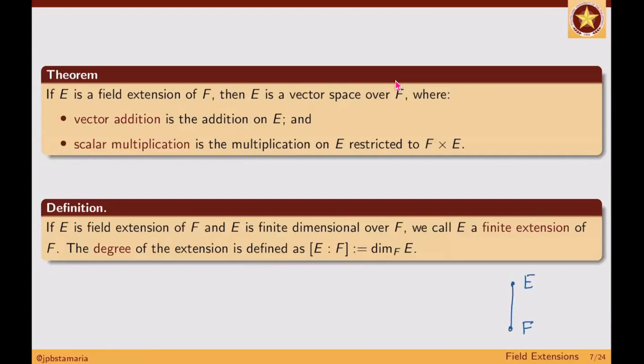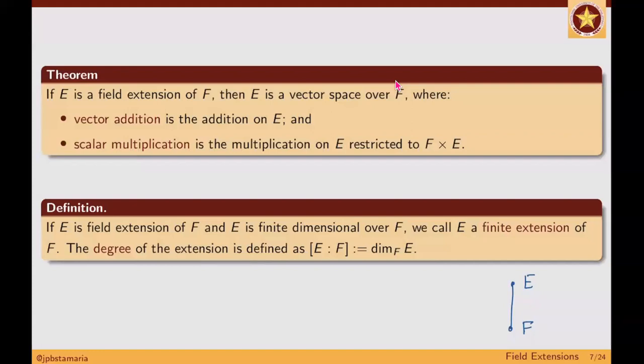So pag narinig niyo si Sir, E is a finite field extension of F, ibig sabihin si E ay extension field, at the same time, finite ang kanyang basis over F. So meron siyang dimension na finite.